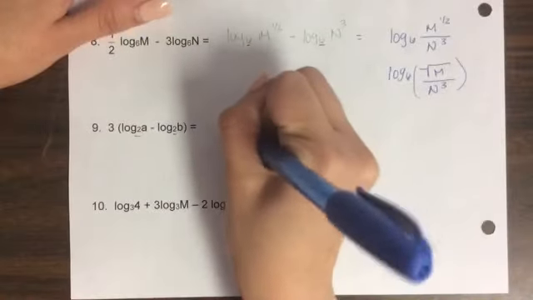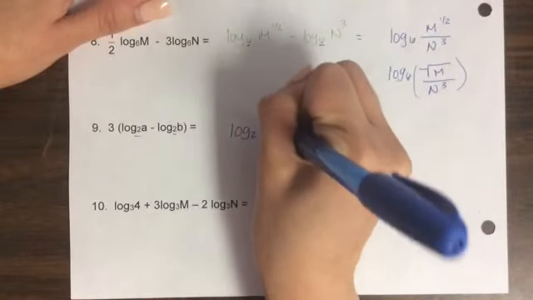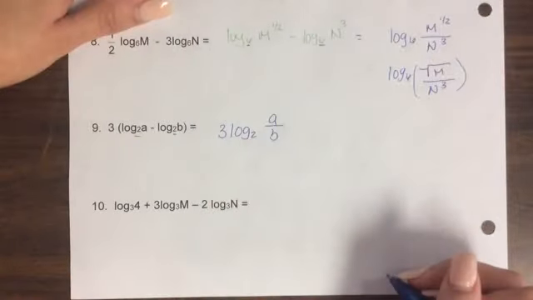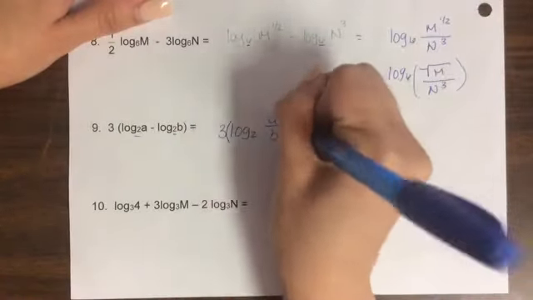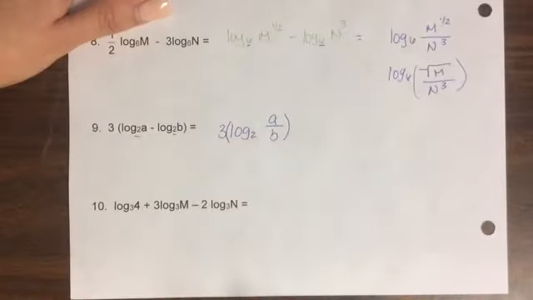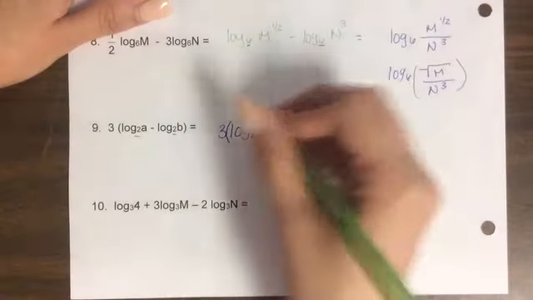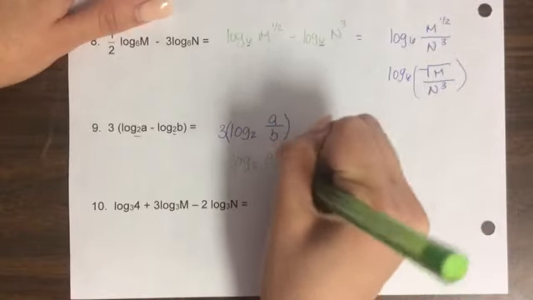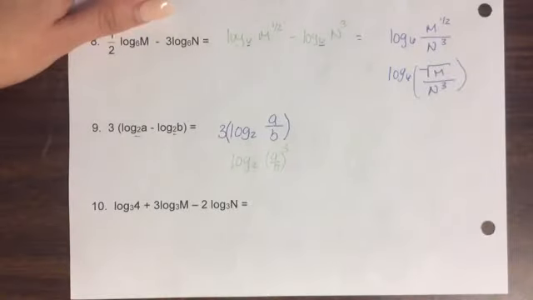I can do this, right? This is log base 2 of a divided by b, right? But that 3 was still hanging out in front, right? What I could do now, put this in the exponents for both of them. So it's going to be log base 2 of a divided by b all cubed.